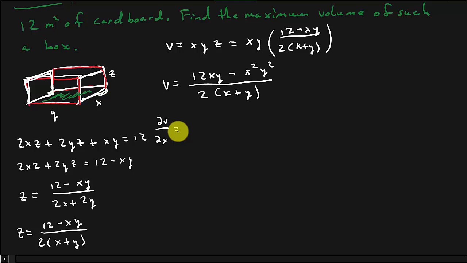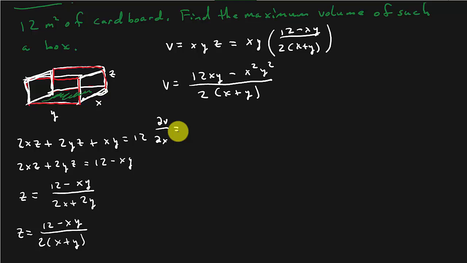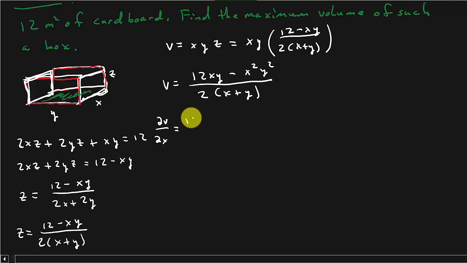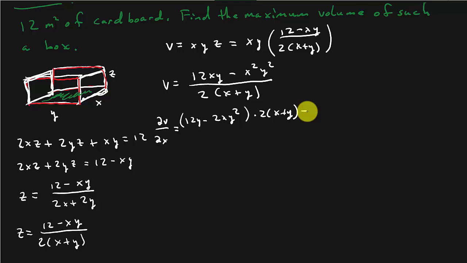So this is a quotient rule, right? Remember, it's with respect to x, so y is treated as a constant. So it's the derivative of the numerator, which is going to be 12y minus 2xy squared, times the denominator, minus the derivative of the denominator.